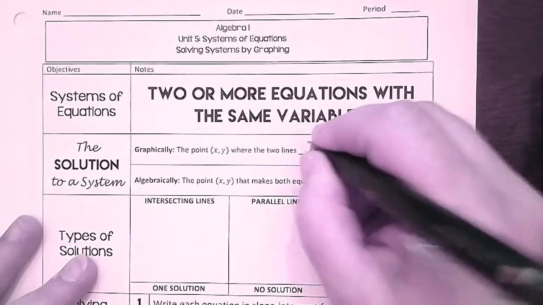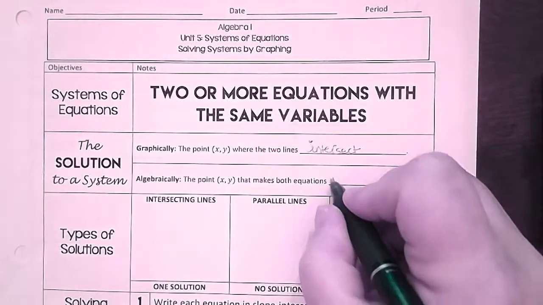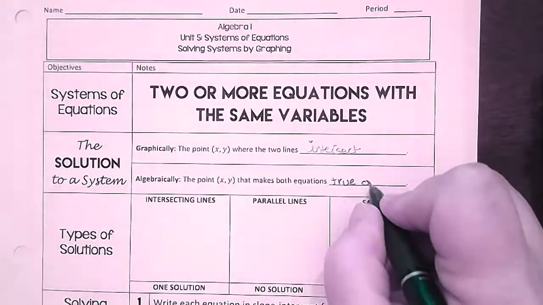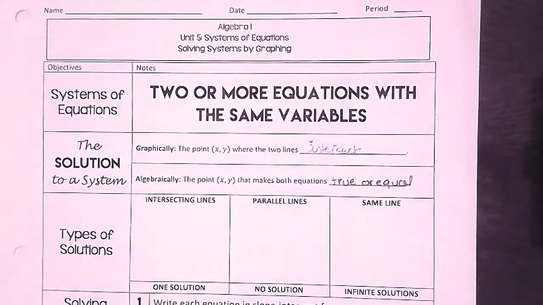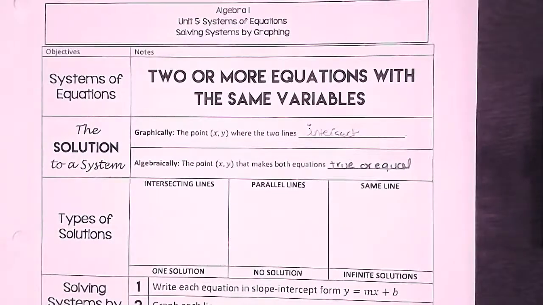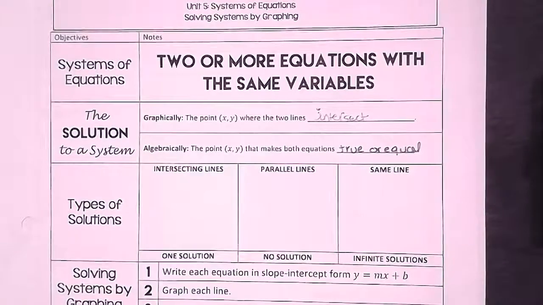So when we're finding the point where those two lines intersect, it's the point that makes both the equations true or equal. There are three types of solutions when you solve a system of equations.